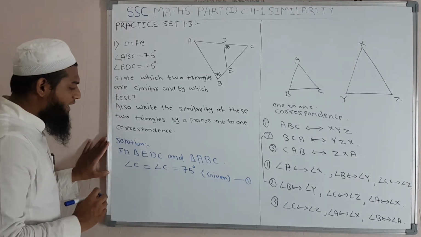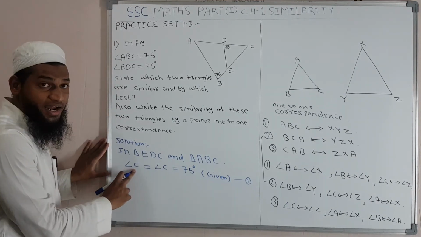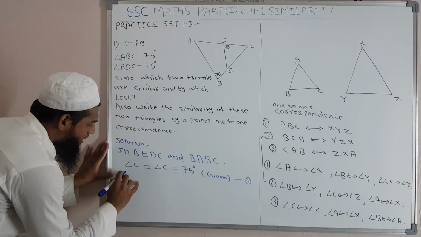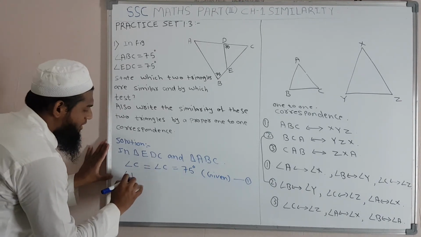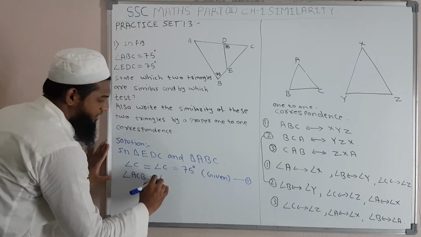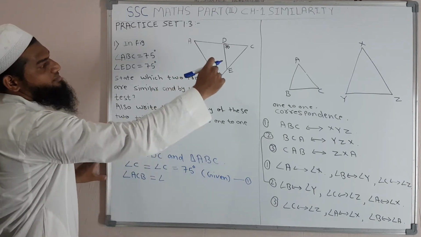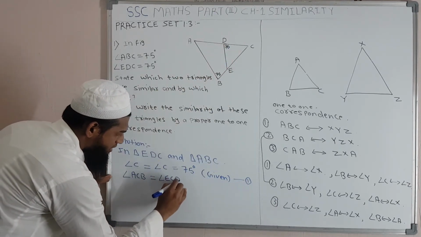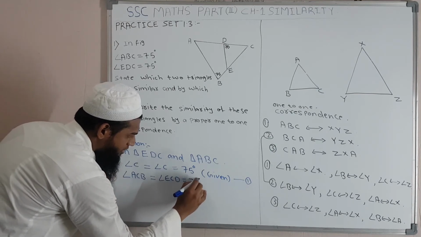And we can write the name of this angle: angle ACB equals angle ECD equals 75 degrees.